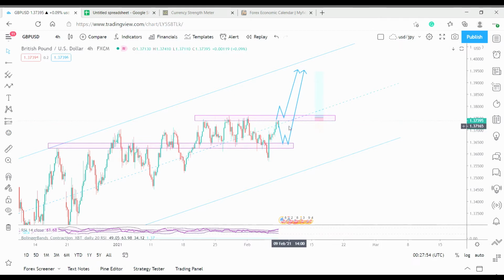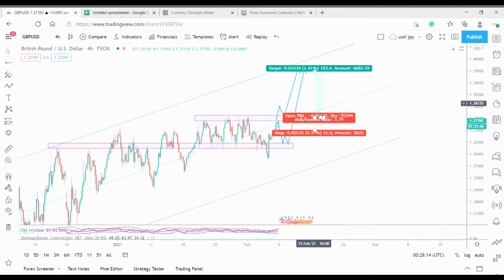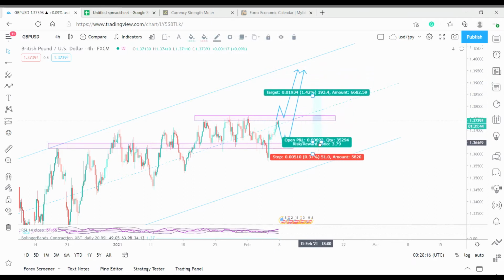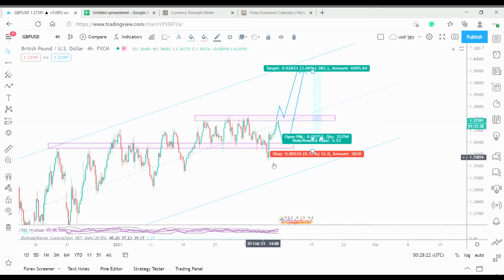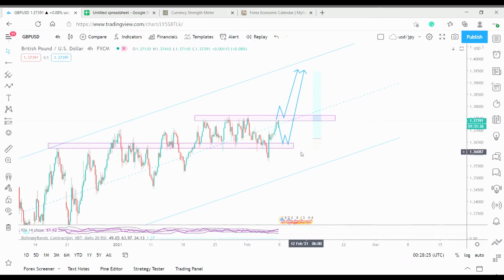Ideally, it would bounce back all the way to the support level down over here, then face a few rejections and maybe give us a confirmation for a buy in the form of engulfing candles or long bottom wicks or anything of that nature before we take a long position, with the target being all the way at the top of the channel and the stop loss placed right under the support area over here, with at least a 1 to 5 risk to reward ratio.